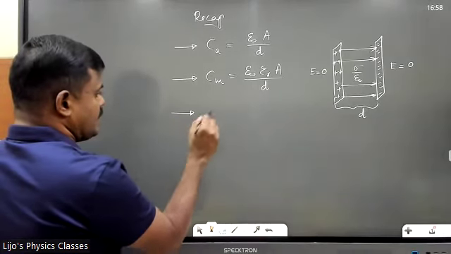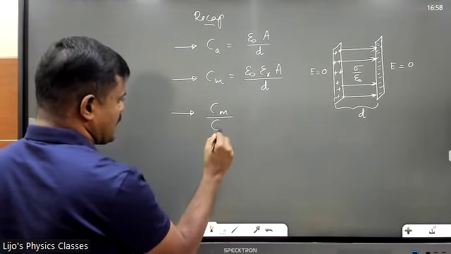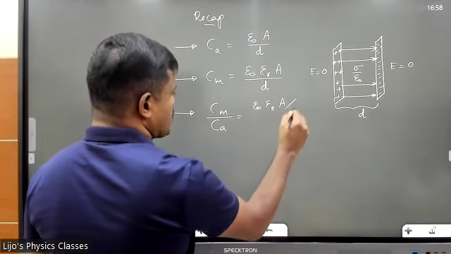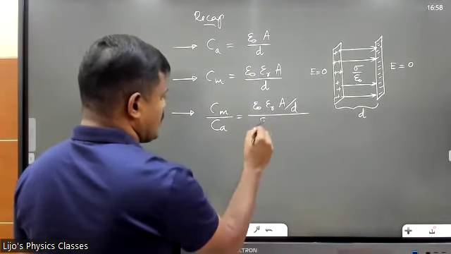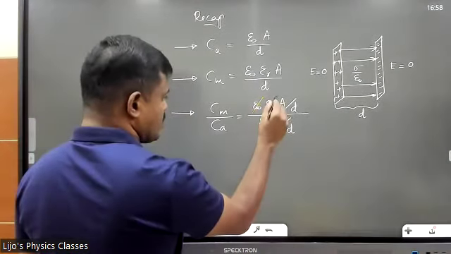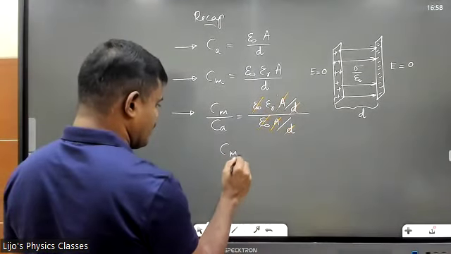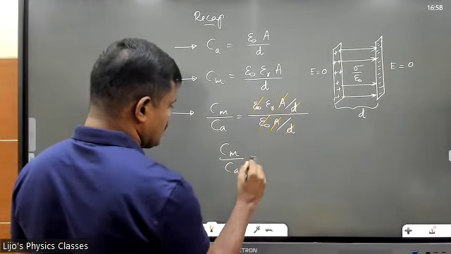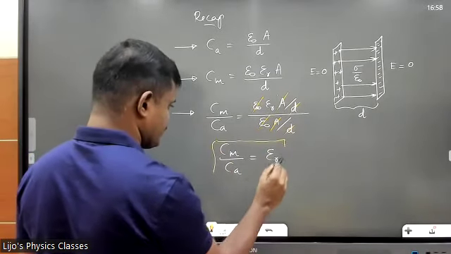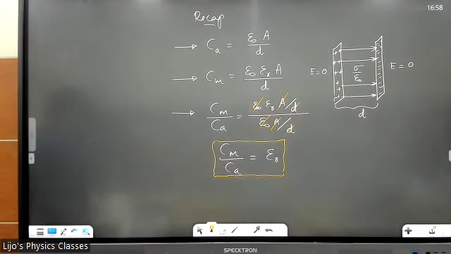Now, write the third one, epsilon r. You divide them: C medium by C air is equal to epsilon 0, epsilon r, A by d, divided by epsilon 0, A by d. Epsilon 0, A, d cancel. C medium divided by C air is equal to epsilon r.